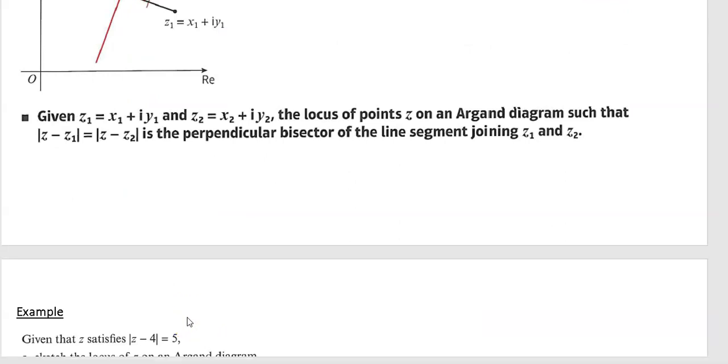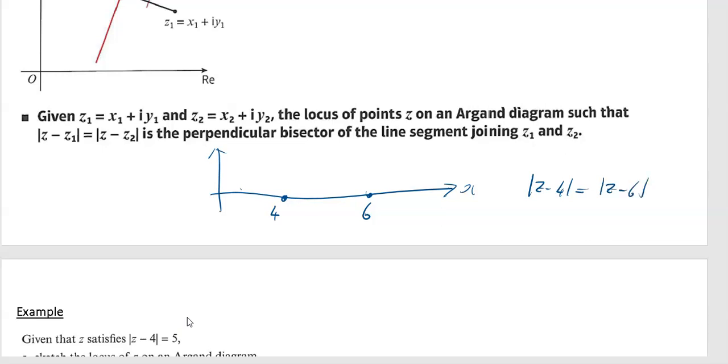So imagine I have my x-axis, I have my y-axis somewhere over here, it doesn't matter, and I have two points here, 4, 0 and 6, 0. Now, if I want to say that the modulus of z minus 4 is equal to the modulus of z minus 6, that means that the distance from my point 4 is equal to the distance from my point 6.